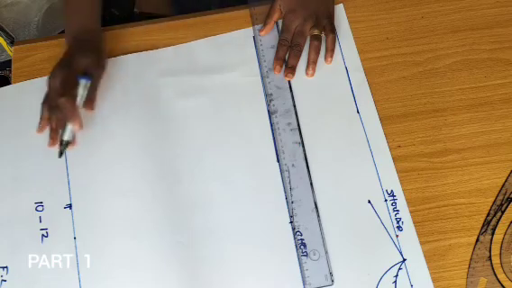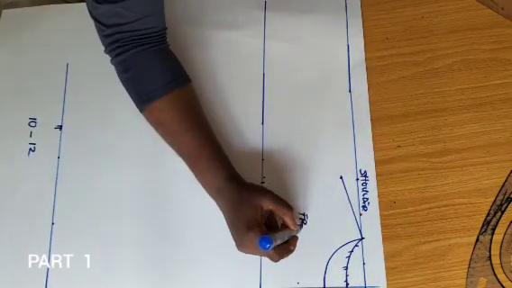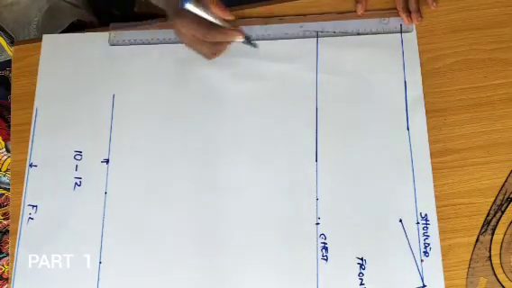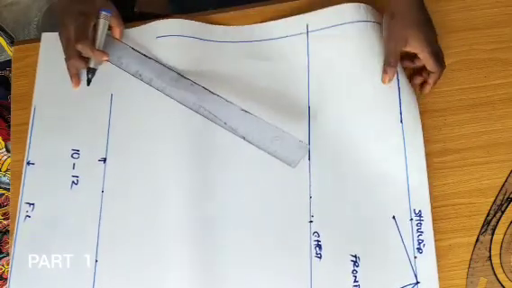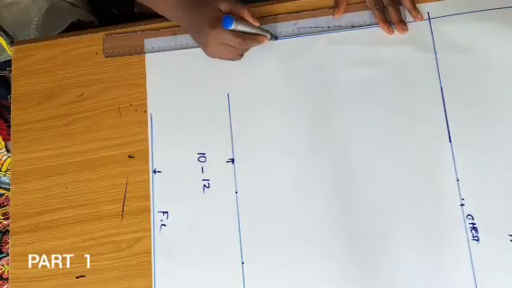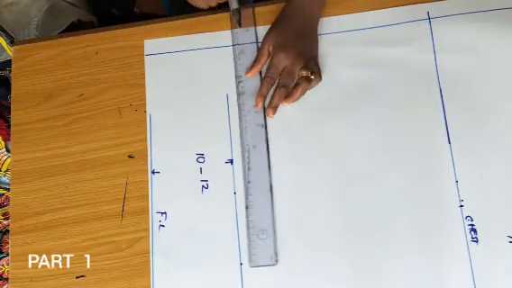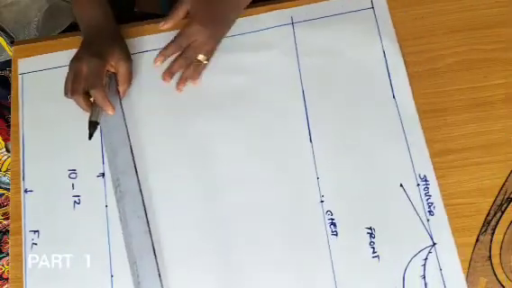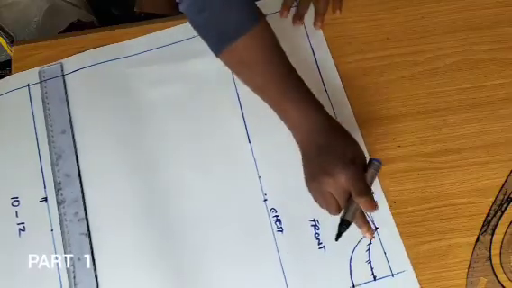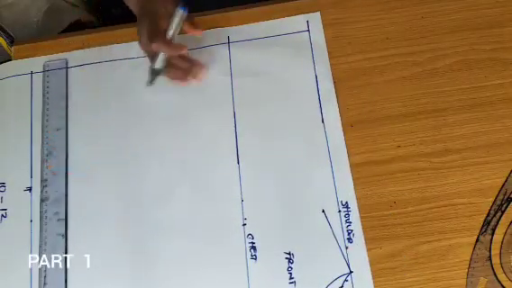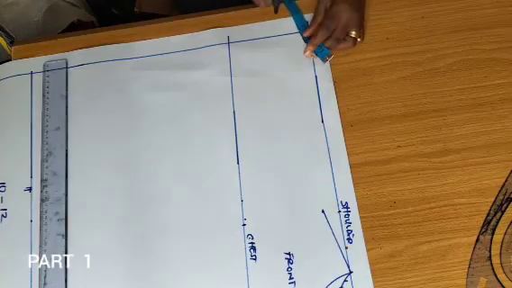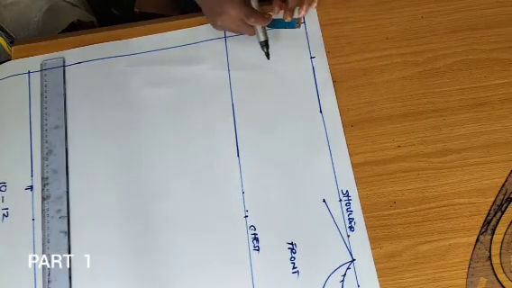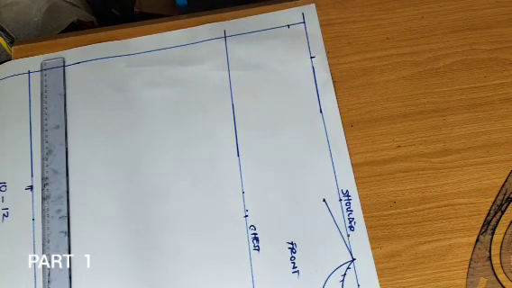What we have here is the front. We are separating all our patterns right now. I'm just going to make a border line for my back, as you can see right here, and I'll also extend this line. From the back neckline I'll transfer what we have on the back neckline. Now I'm going to transfer it from the center front, and the width is 1 inch.